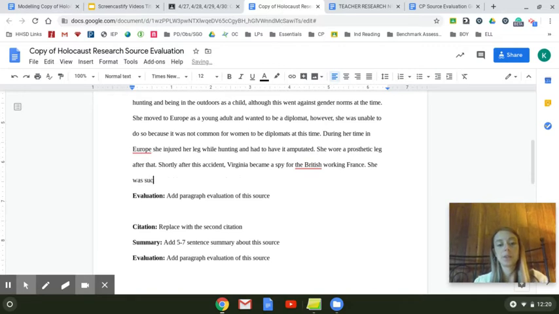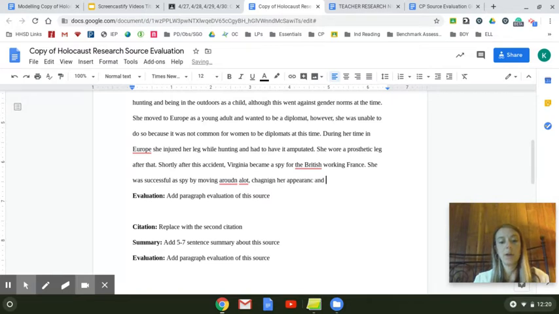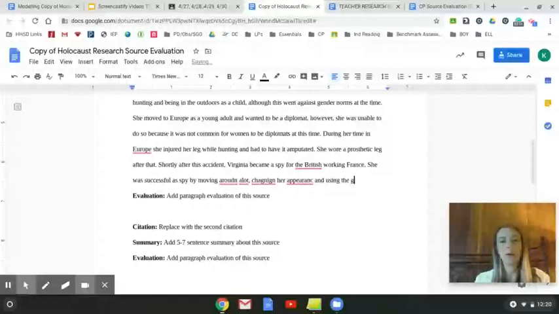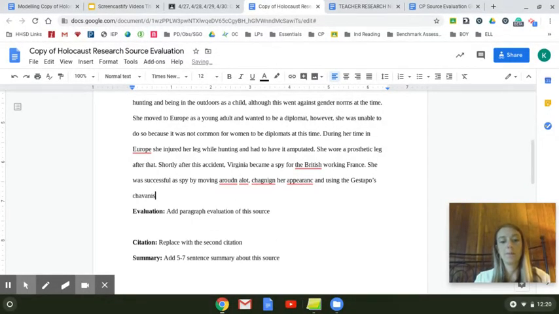She was successful as a spy by moving around a lot, changing her appearance, and using the Gestapo's chauvinism against them.